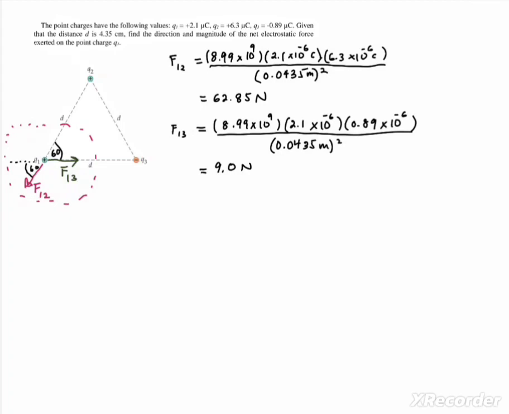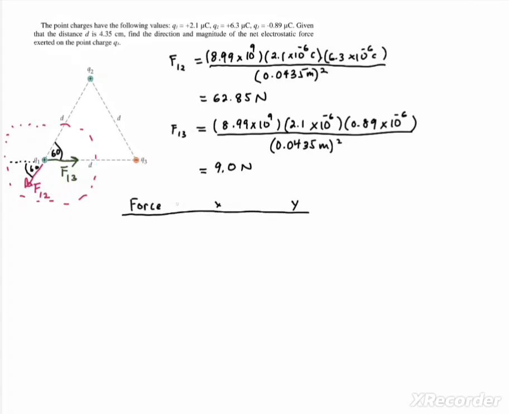But we need to find out the magnitude and direction of the net. So these are individual components here, F12 and F13. Now let's draw a chart. We have two forces here, and I want to look at the x component and y component separately.